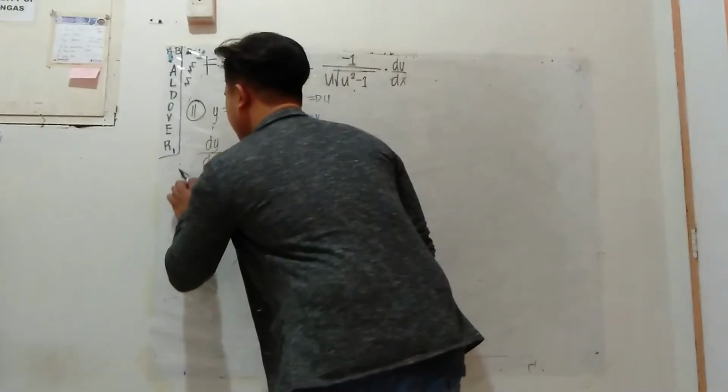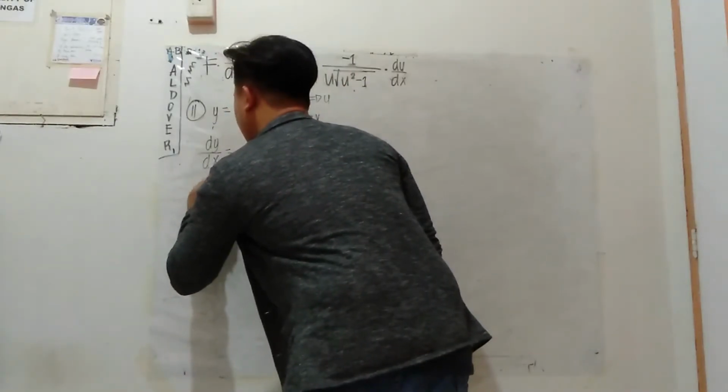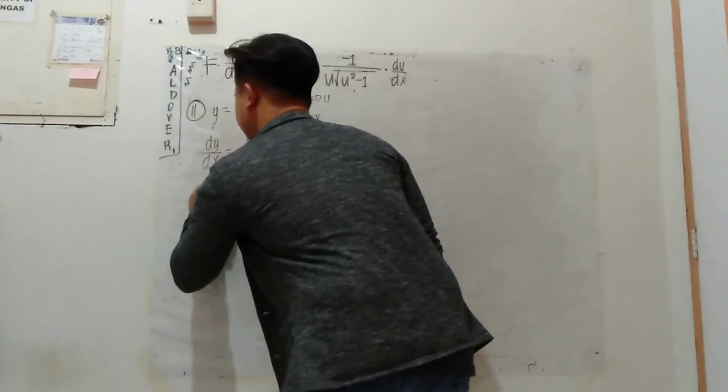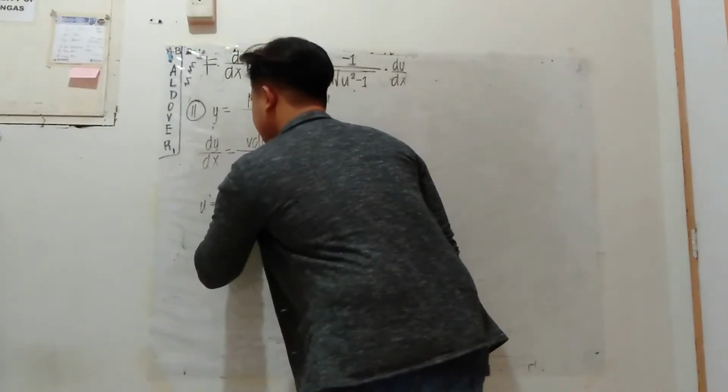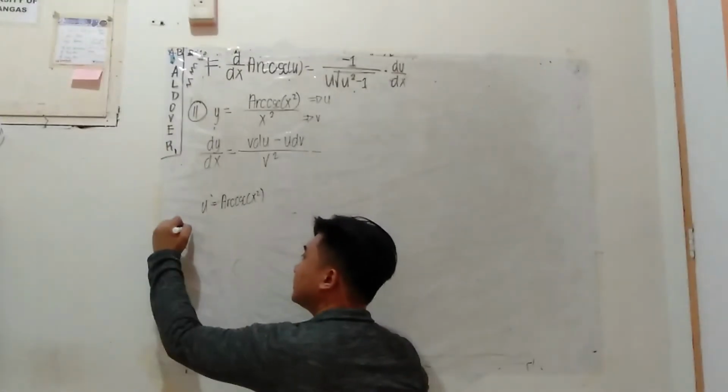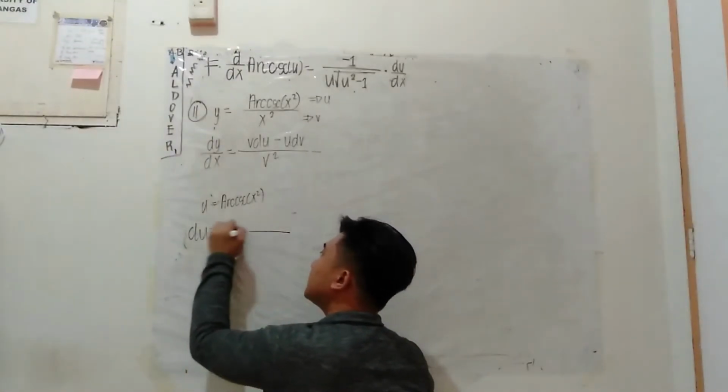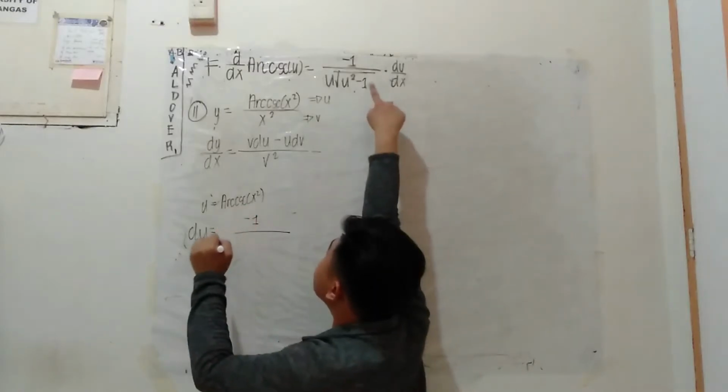So, since u is equal to arc cosecant of x squared, let's find du. Du is equal to negative 1. Look there.